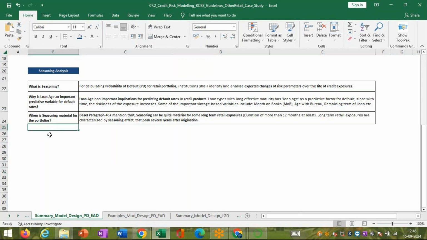How do the calculations happen along the seasoning curve? How is the seasoning curve constructed?